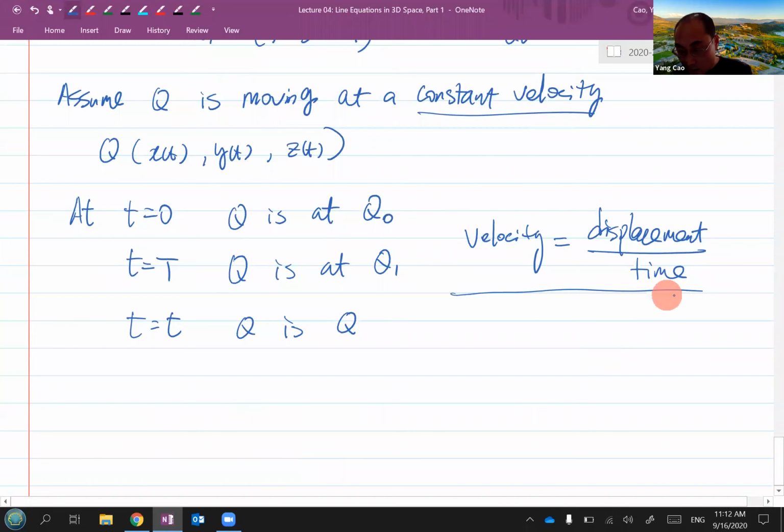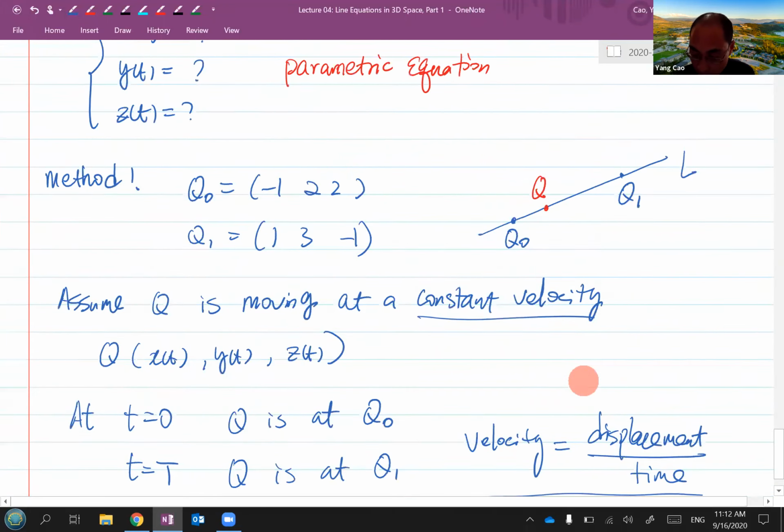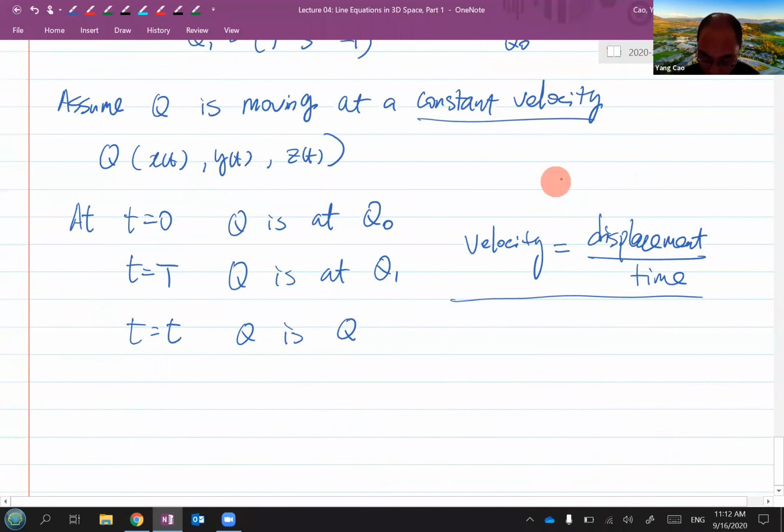Remember, it's constant velocity. If I use Q naught Q as a displacement, how much time does it take to get from Q naught to Q?